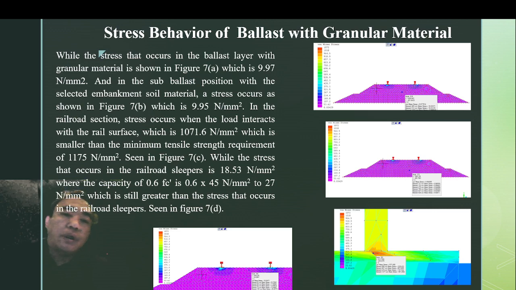The stress that occurs in the rail sleeper is 0.53 Newton per square millimeter, where the capacity of concrete is 0.6 f'c, so 27 Newton per square millimeter, which is still greater than the stress that occurs in the railroad sleeper. So this construction is safe.